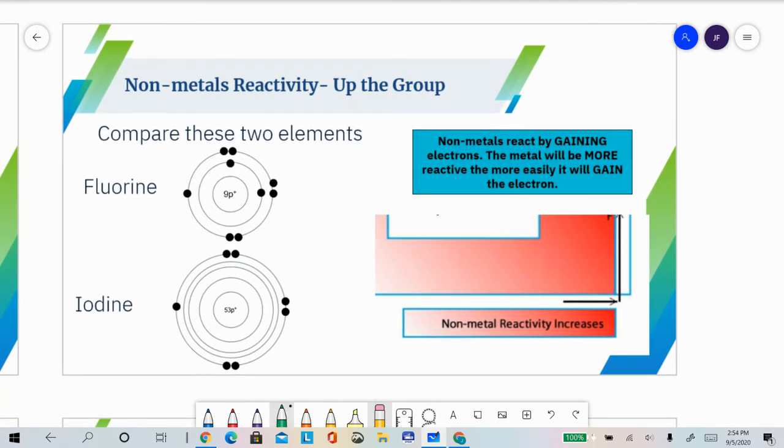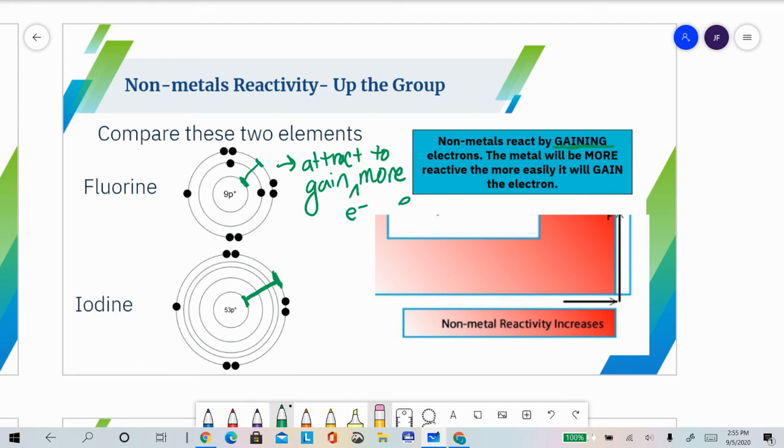And let's look at why that is. Again, the more strongly it attracts the electrons, the easier it is to gain them. So in fluorine, the distance between the outermost shell and the protons is less than this distance in iodine. So fluorine is going to attract to gain electrons more easily.